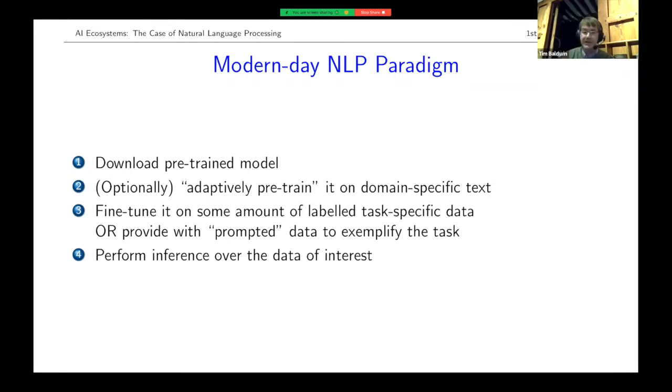And if you're doing something like legal text processing, say, you then fine-tune it. So the adaptive pre-training is just more, for example, masked language modeling.